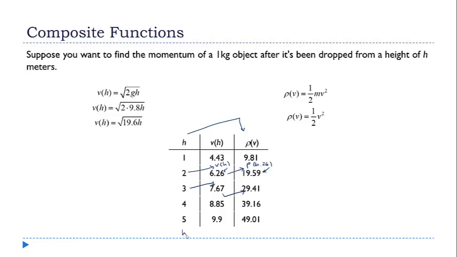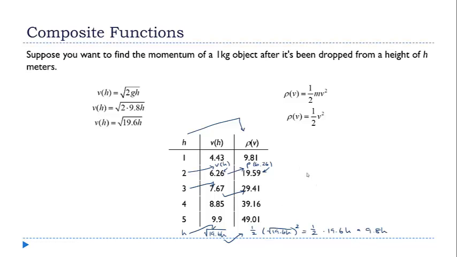If I start with h, then the velocity is the square root of 19.6 h. And now I'll substitute that into the momentum formula, and I get that the momentum is 1/2 the square root of 19.6 h, squared, which simplifies to 1/2 times 19.6 h, which is 9.8 h.